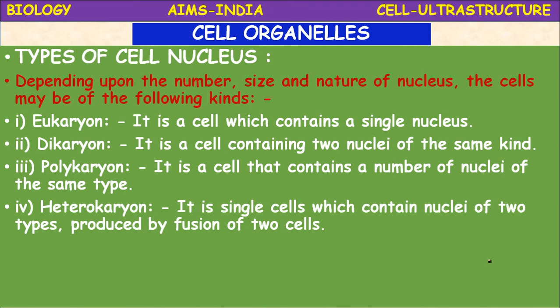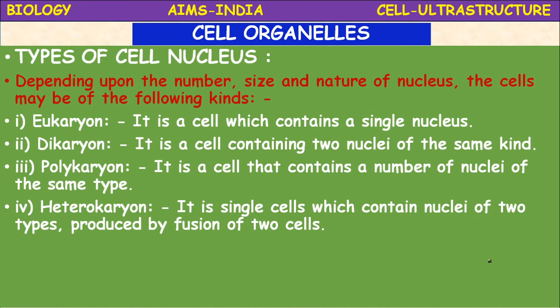Next, heterokaryon. Till now we have come across only cells containing the same kind of nucleus. Eukaryon, dikaryon, polykaryon. Eukaryon with a single nucleus. Dikaryon with two nuclei of the same kind. Polykaryon, a number of nuclei of the same type. But heterokaryon, hetero means different.